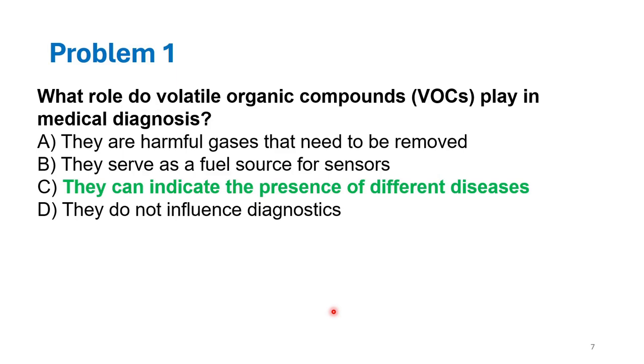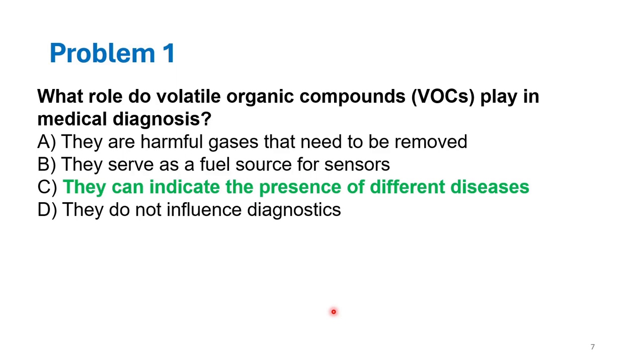So the answer is C. They can indicate the presence of different diseases. Volatile organic compounds are compounds that have very high vapor pressure and low solubility. So at room temperature, they will remain in the gas phase. Some of the common volatile organic compounds are carbon monoxide, carbon dioxide, and so on.